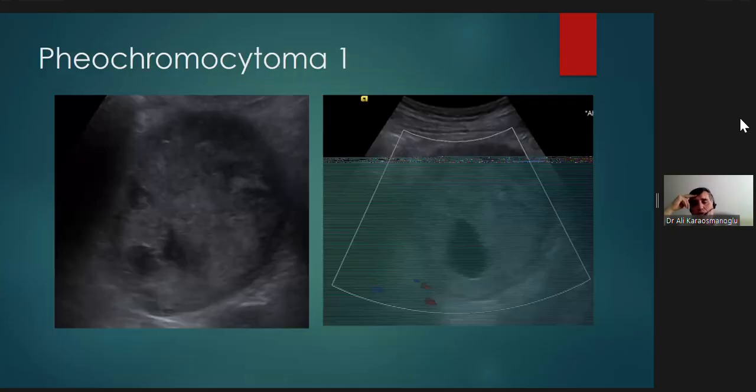Pheochromocytomas are relatively rare primary tumors. This patient presented to the emergency department with abdominal pain and flank pain. Ultrasound confirmed a large mass in the adrenal gland region here. And this is the Doppler examination.